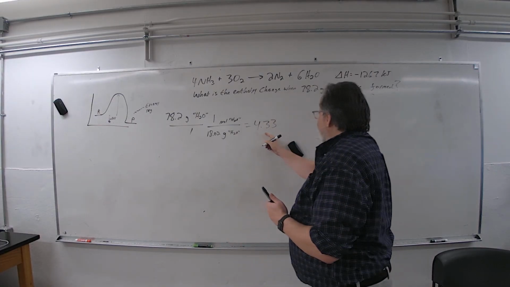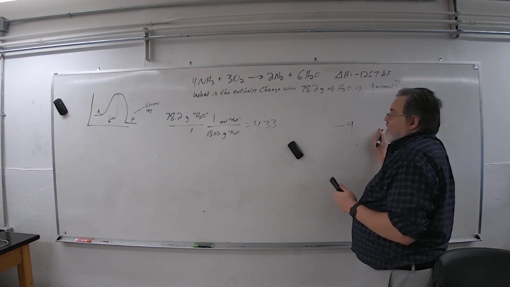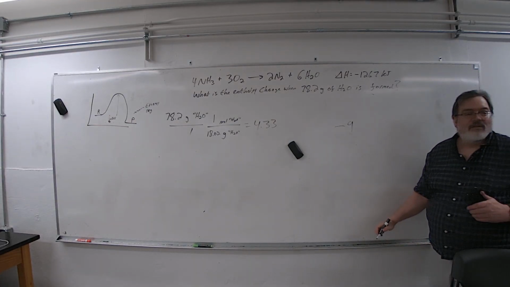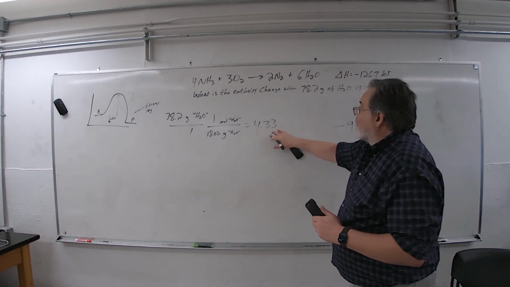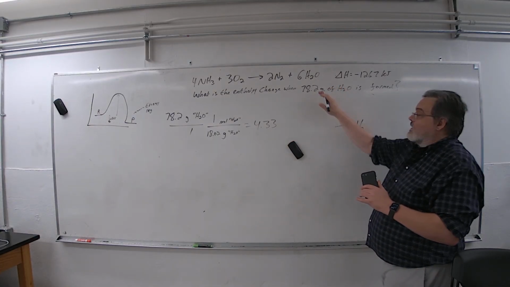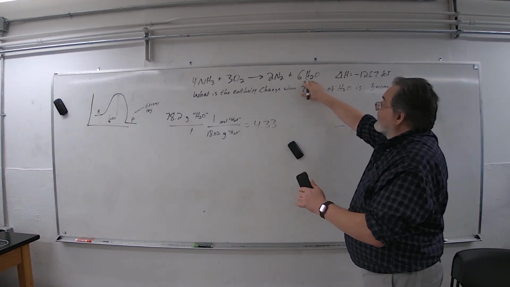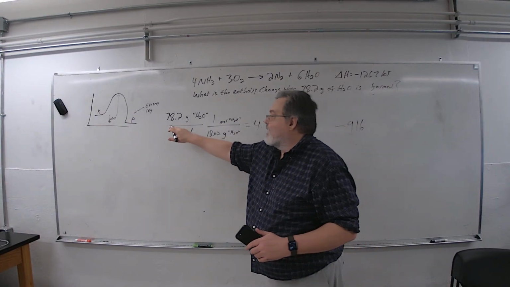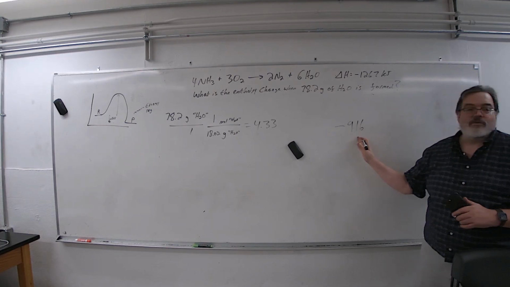So this that I got here that was negative 9, whatever it was, 916. If you did this such that you produced 4.33 moles of H2O, that's how much you get out of it. But if you did it the full 6, then you would get 12.67. But this is specifying if you produced 78.2 grams of H2O, that's how much you would get out of it.